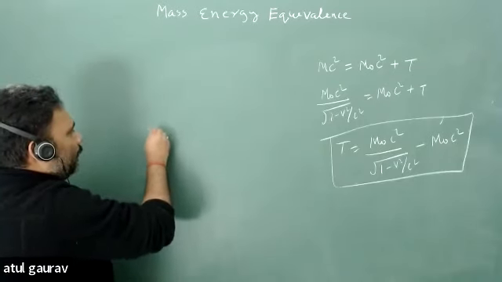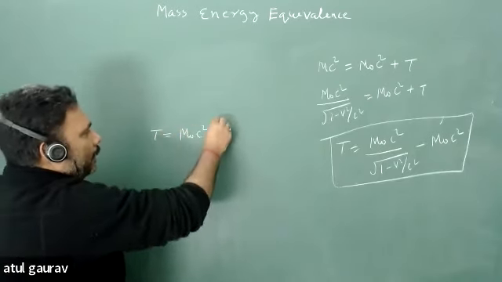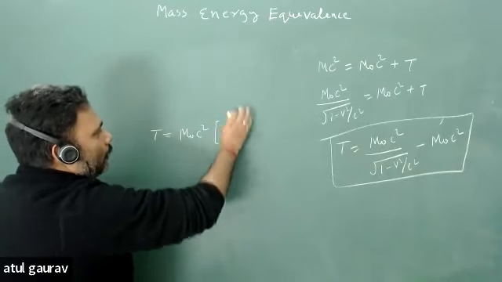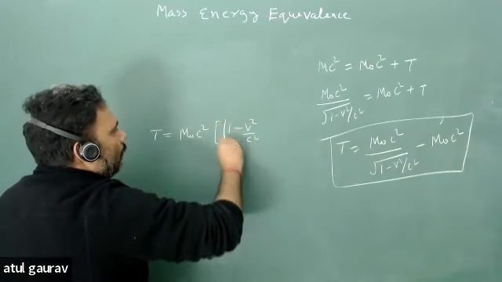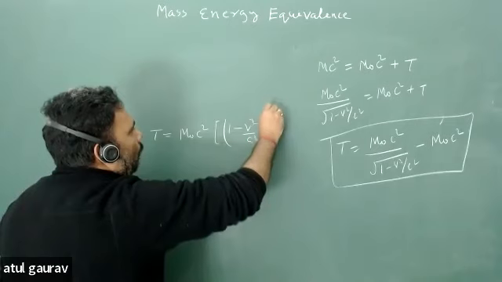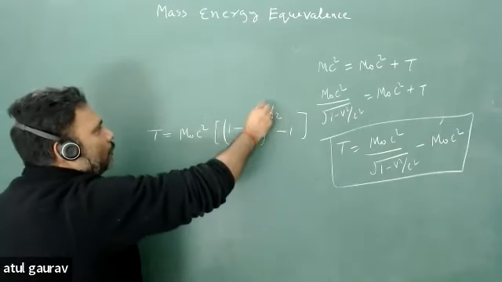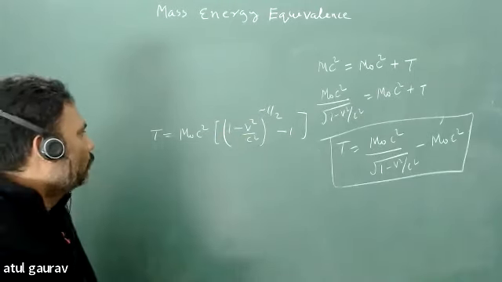So this kinetic energy I can write as m naught c square, taking it common, and here 1 upon, or you can just write, (1 minus v square by c square) to the power minus half, minus 1. And we can go for the Taylor expansion because v square by c square is very small.